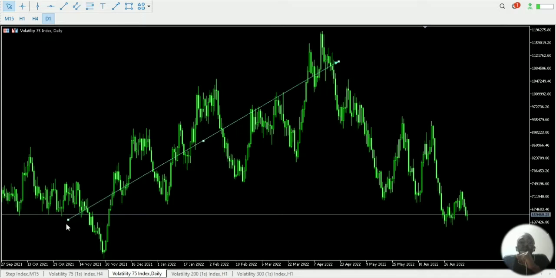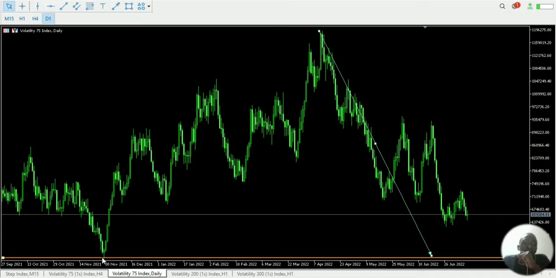And then after the correction, we have an impulse. Look at what happened after this correction. This is an impulse. And I'm anticipating for this impulse to go down till this support. You know what I'm saying?